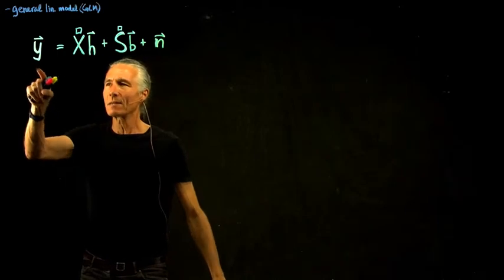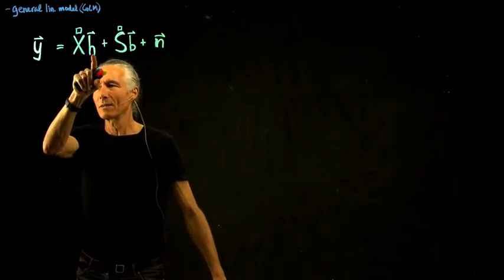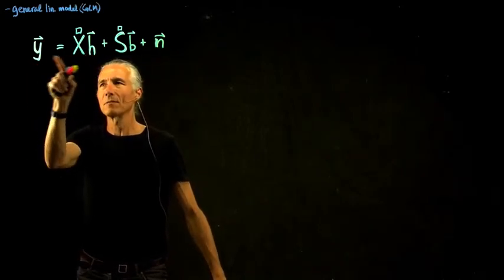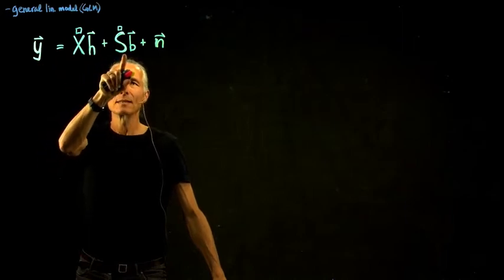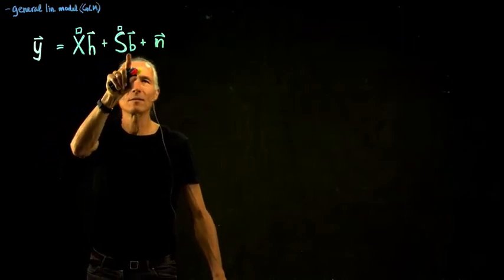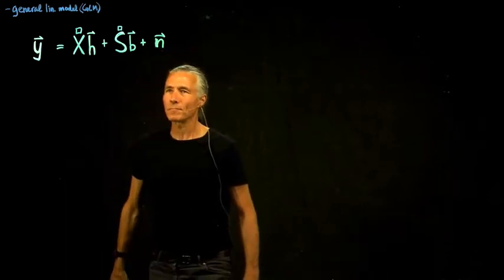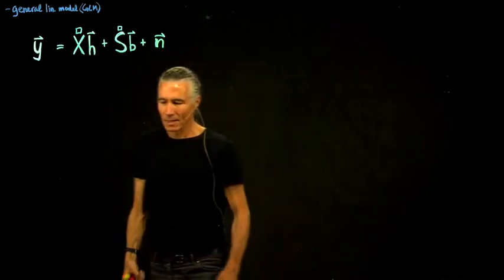So this is a vector equals a matrix times a vector, plus another matrix times a vector, plus another vector. So that's our general linear model.